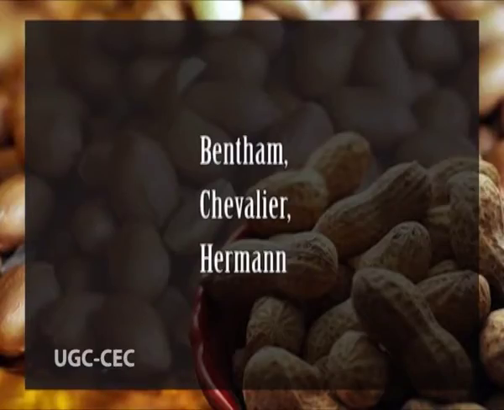Many workers including Bentham, Chevalier and Hermann studied the taxonomy of the genus and tried to consolidate its systematic position. These treatments, however, are now largely outdated because of the number of new taxa that have been collected and described in the past 40 to 50 years.